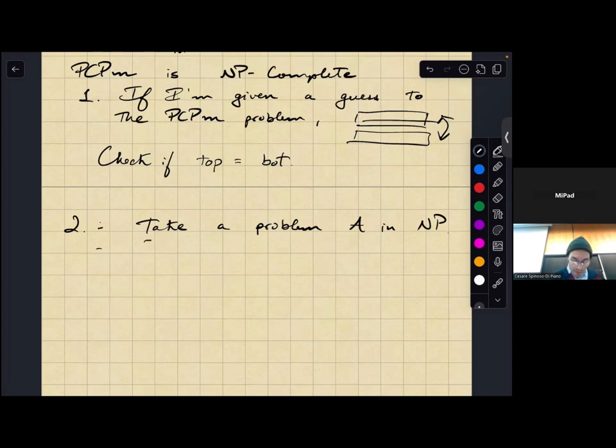That means that there exists a non-deterministic Turing machine M such that M decides A, and in particular it decides A in polynomial time. The way it does this is it guesses. Guessing takes zero time, or very close to zero time, and then the checking is the thing that takes polynomial time.